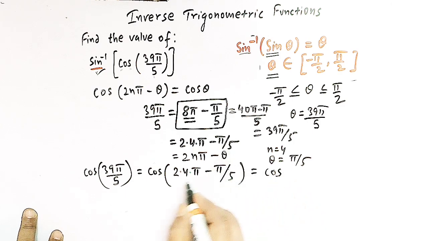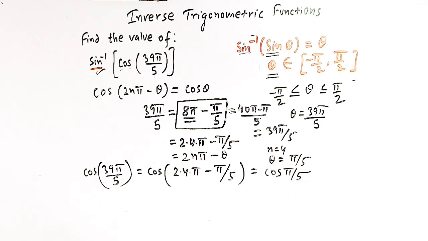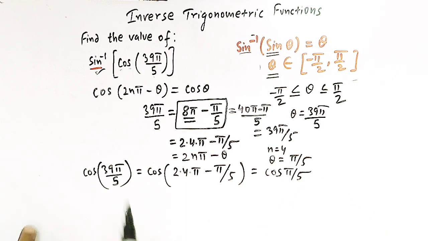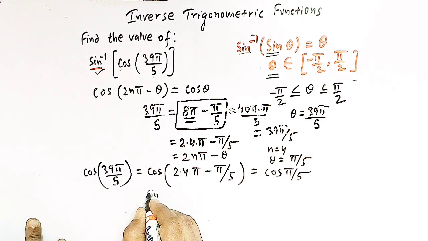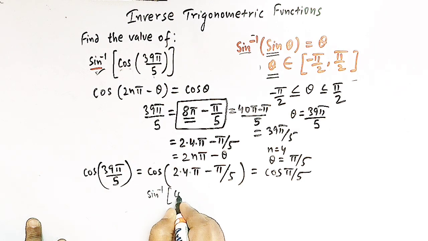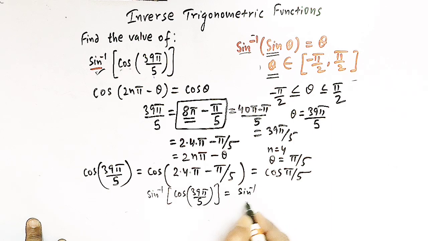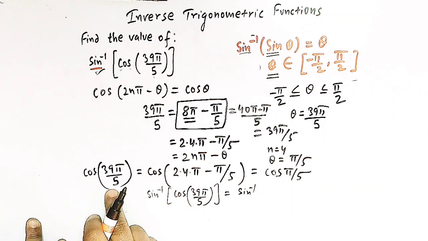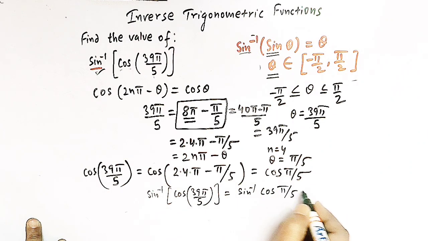So we have here cos pi over 5. So now we can write this expression, that is sine inverse cos 39 pi over 5 as sine inverse, and for cos 39 pi over 5 we can write here cos pi over 5.